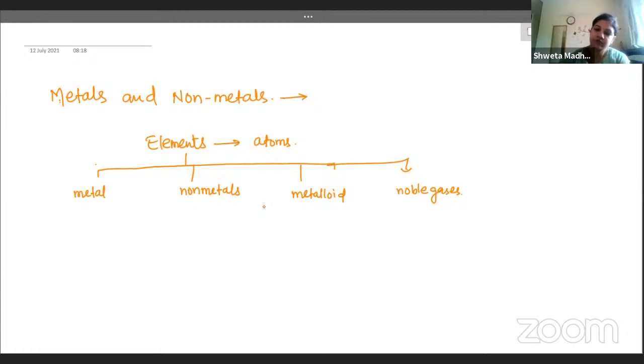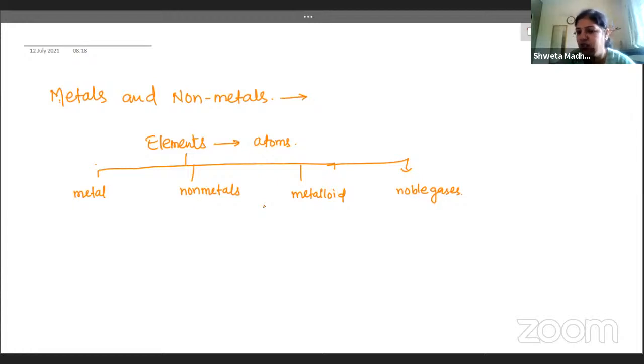All these four are categorized according to their physical as well as chemical properties. Metals possess luster, are hard, rigid, have high tensile strength, high density, high melting and boiling points, are good conductors of heat and electricity, and show sonority, malleability and ductility.